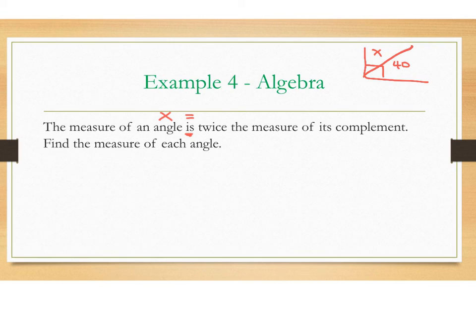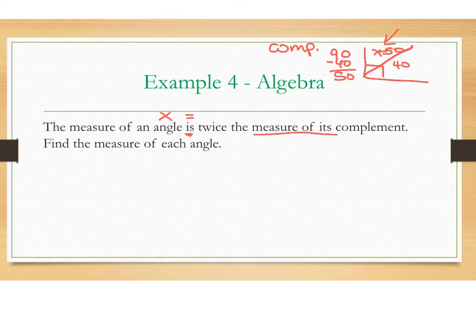How could you find out what x is? Remember, complementary angles add to be 90. So if I wanted to find this missing angle, all I would do is 90 minus 40, and the complement would be 50. I'm going to use that same idea in this word problem.